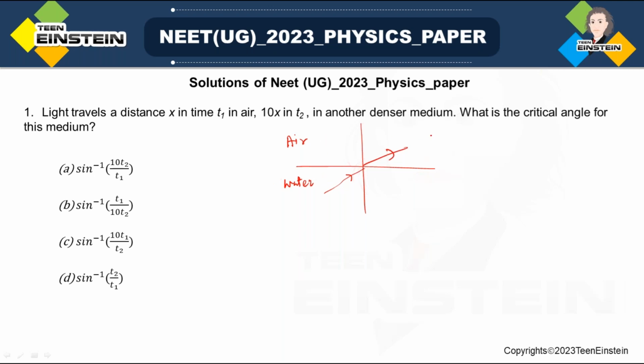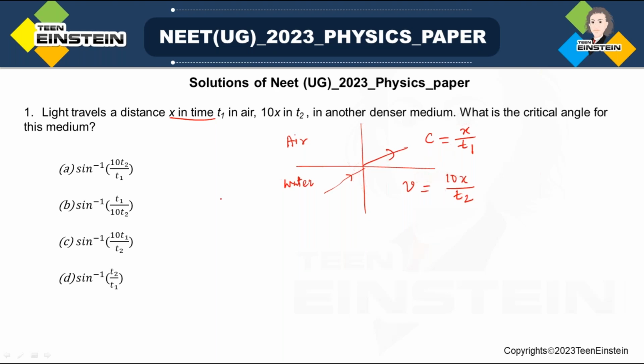That we know, right? That can be denoted by c, and according to the given problem it is x by t1. And the speed of light in the medium, water, let us say denser medium water, is written as v equal to 10x by t2, right?